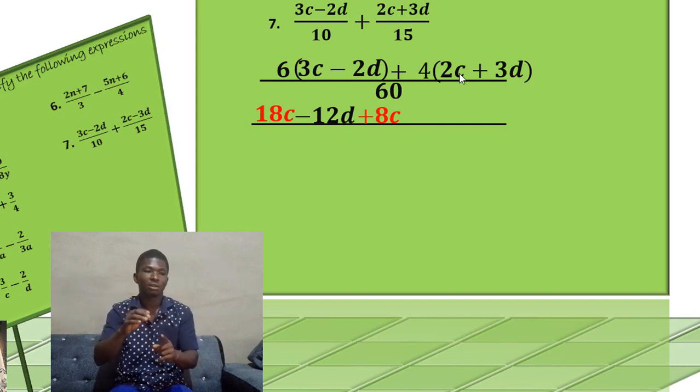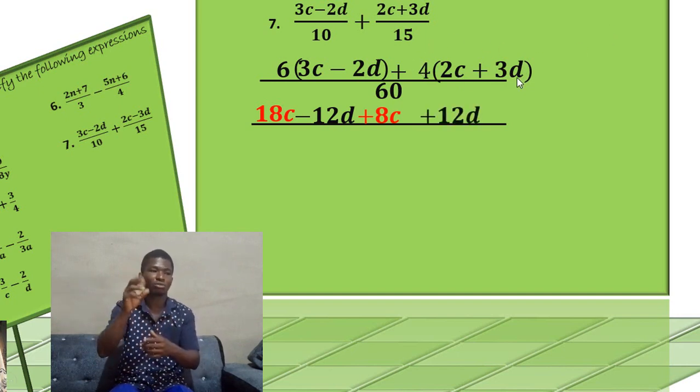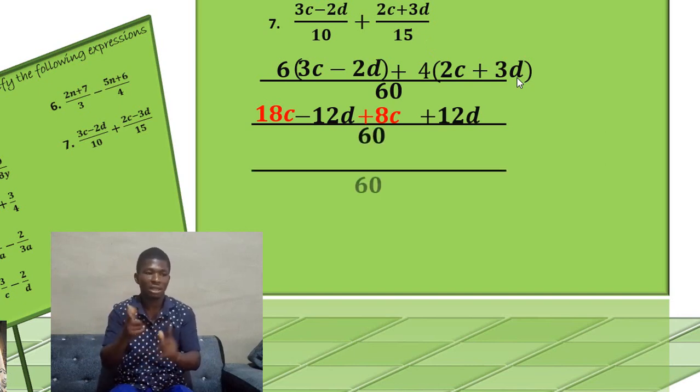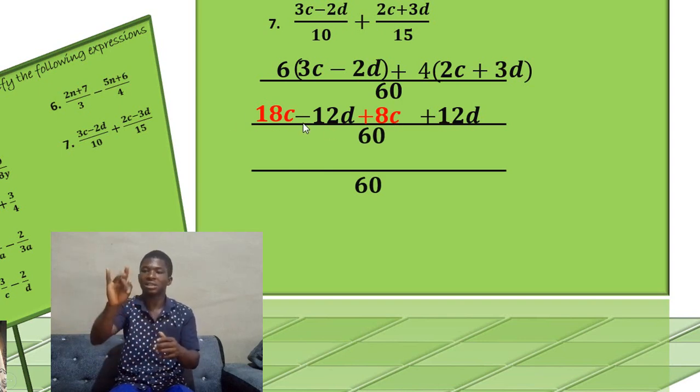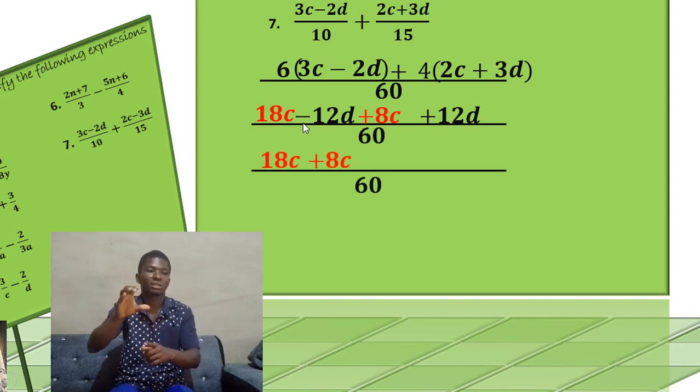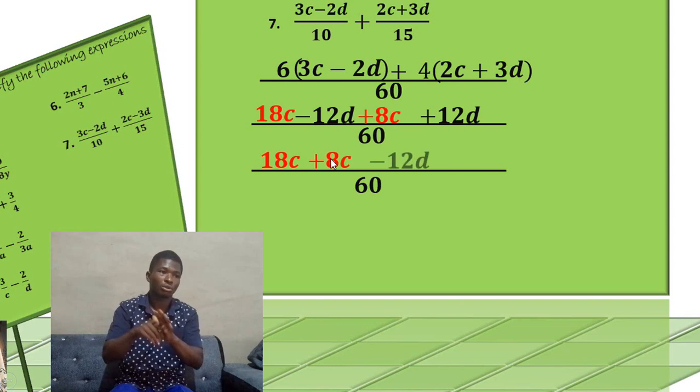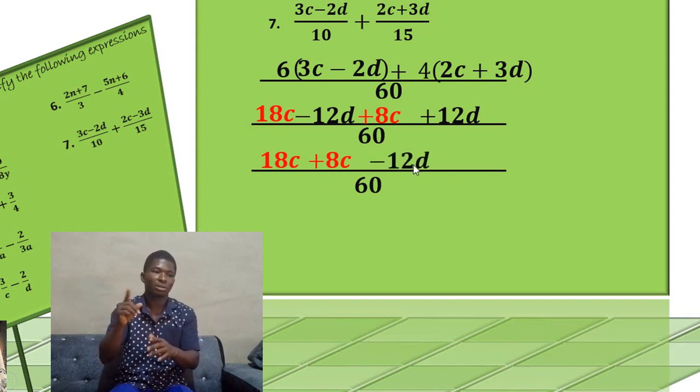4 multiplying 3d is 12d. Then over 60, don't forget that. Now let's collect our like terms. 18c plus 8c, minus 12d plus 12d.